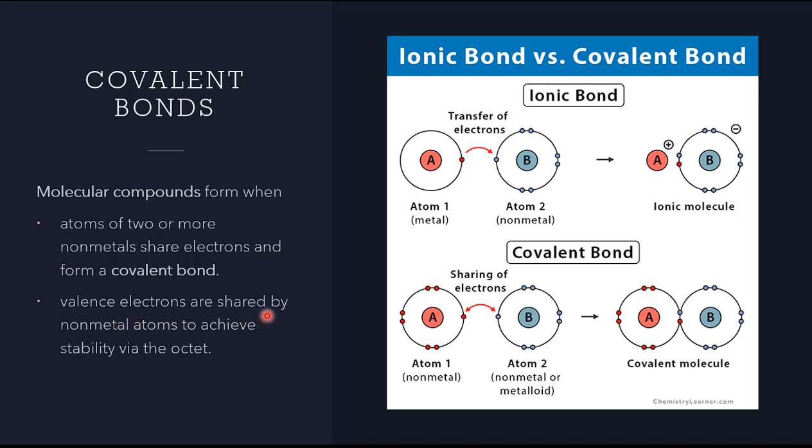Valence electrons are shared by nonmetal atoms in order to achieve the stability via the octet. So recall, in ionic bonding, atoms give up and take electrons in order to achieve their octet, whereas in covalent bonding, we share electrons. And when we share electrons, the two atoms that are sharing those electrons both can see those electrons as part of their octet.